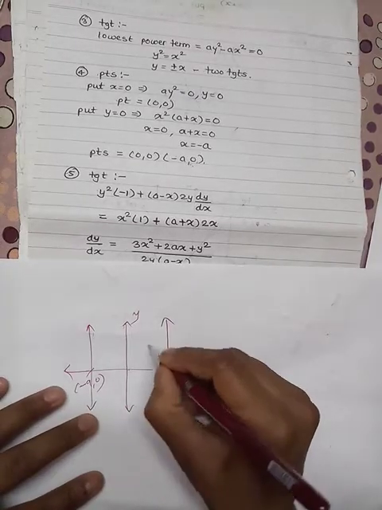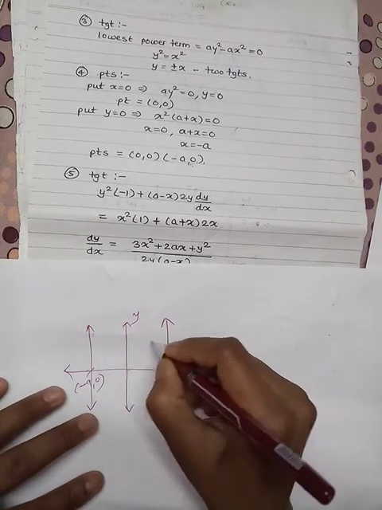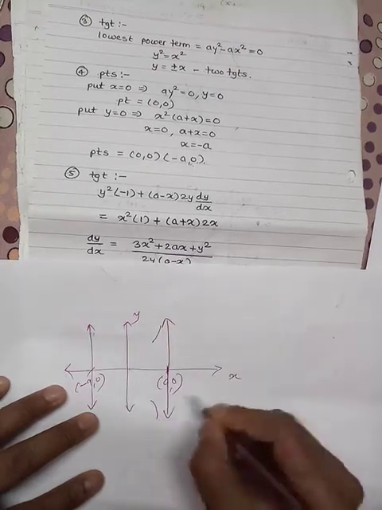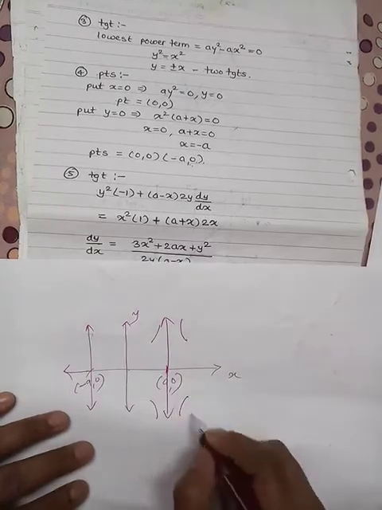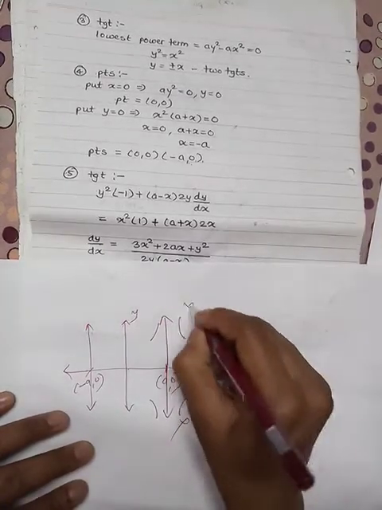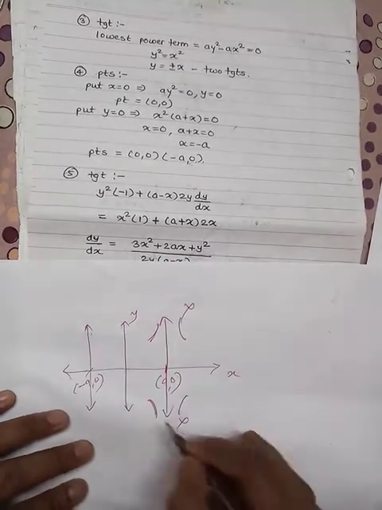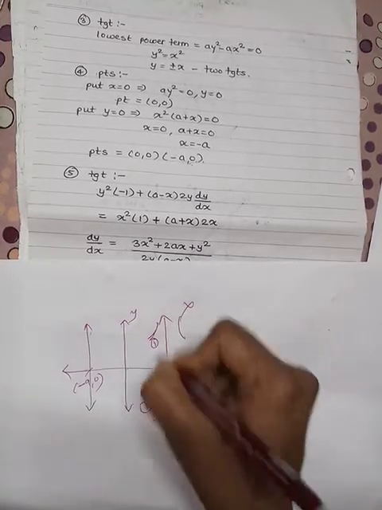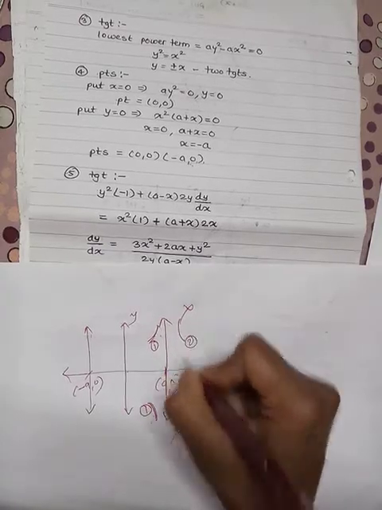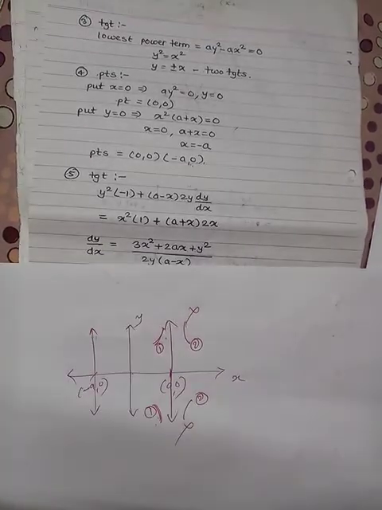As this is your asymptote, the curve around this asymptote is this or this. By region of absence, this possibility is cancelled. So we have to take this possibility. This is the first possibility and this is the second possibility.